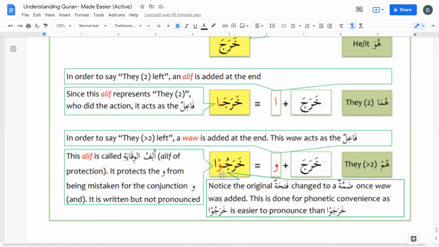When it is added to kharaja, it turns the huwa form into the plural form, they. From he, it changes to they. So this alif is alif musanna, this waw is wawul jama, and both are fa'il.